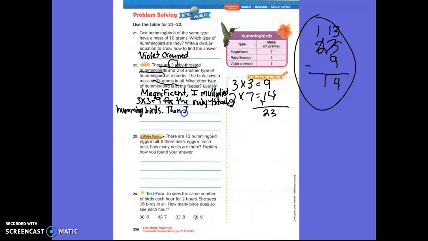Then I subtracted 23 minus 9 equals 14. 14 divided by 2 birds equals 7 grams. The magnificent weighs 7 grams.